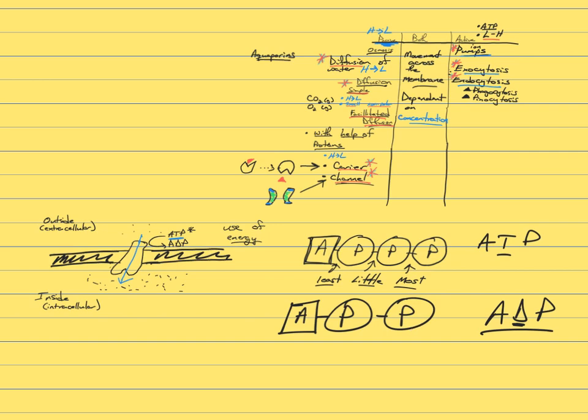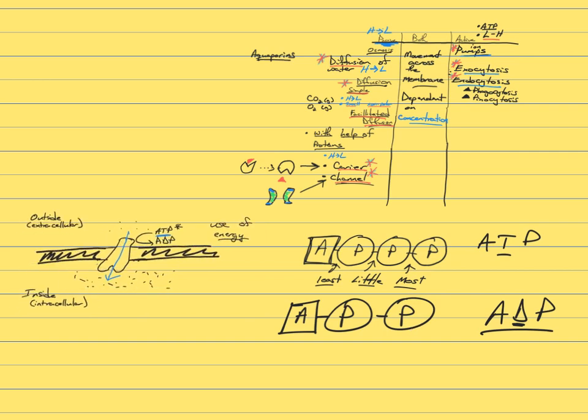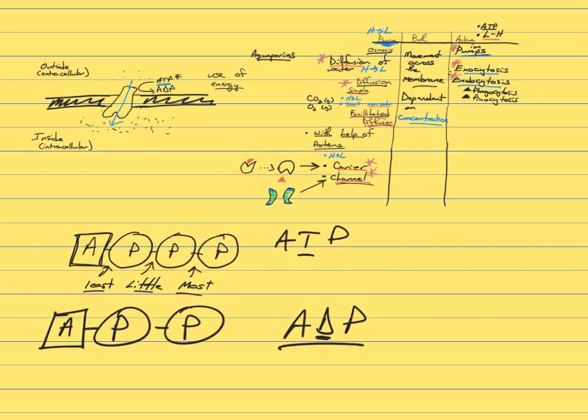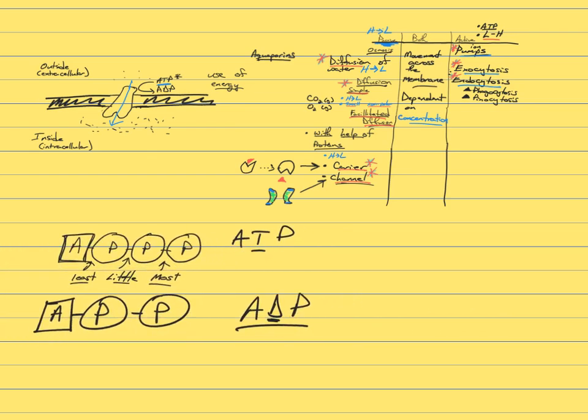By the way, this is kind of an aside. Adenosine is the stuff that's in DNA and RNA, right? Is A the only nucleotide that's available? No. So we could actually have GTP and CTP and TTP and even UTP.